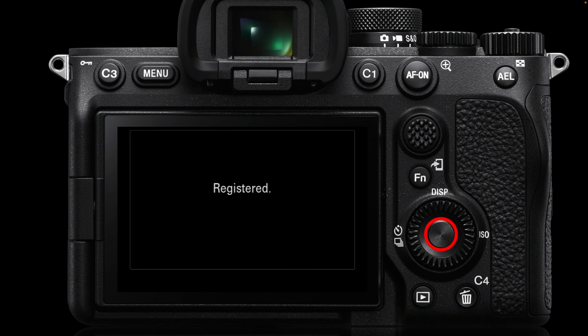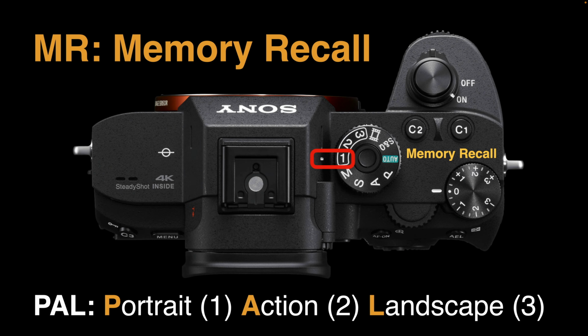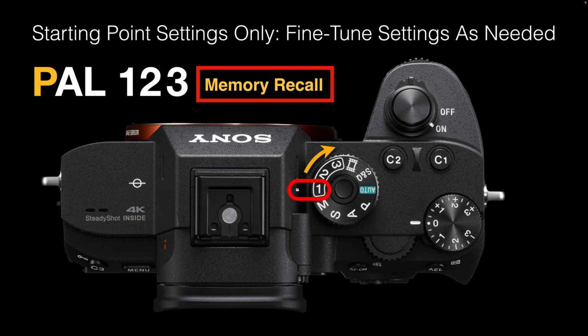And once you press that center button inside the control wheel, you'll get the confirmation that your settings have been registered to the memory. You're now free to recall them quickly just by turning the shoot mode dial to 1, 2 or 3.